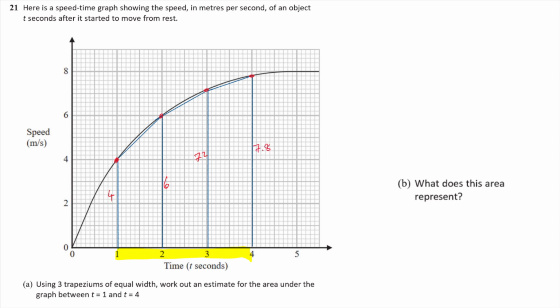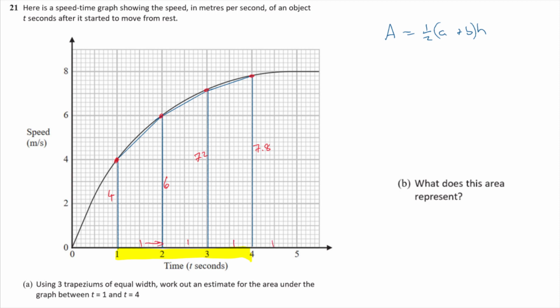Okay. So we've got 3 trapeziums. The area of a trapezium is a half (a plus b) h, isn't it? The 2 parallel sides added together, halved, and then multiplied by the distance between them. Now for each of these, h is 1, isn't it? 1, 1, 1, 1.